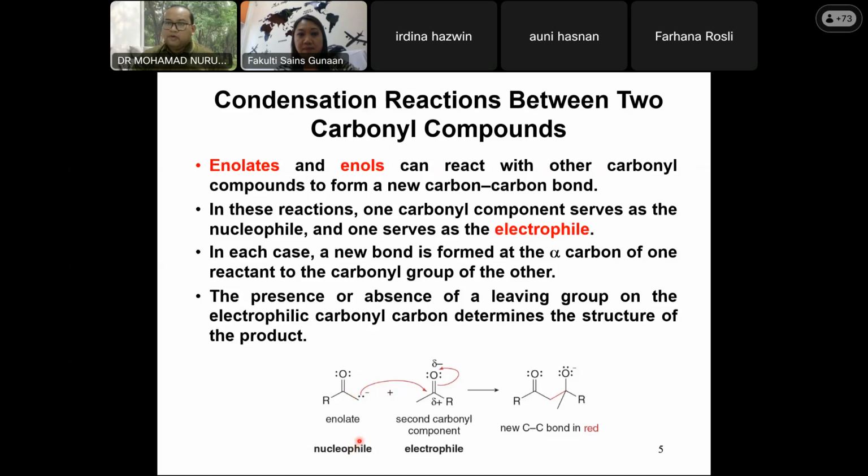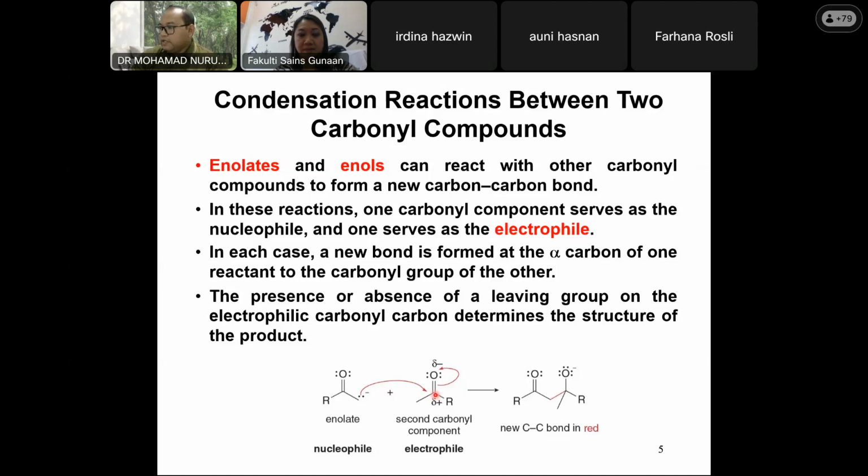If you are first year students, you will learn this during your second topic of organic chemistry. And this one is an electrophile, and we see clearly it is carbon deficient, if we talk about the electron cloud here, the electrophilicity.